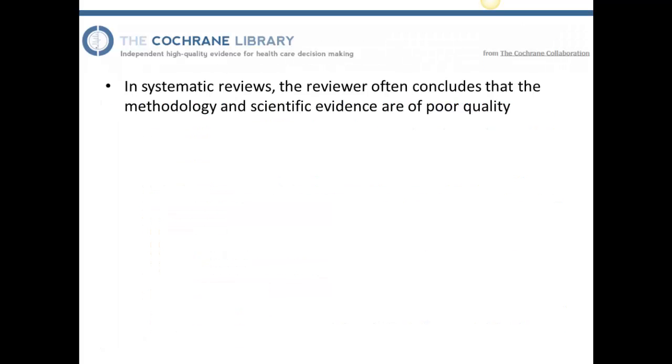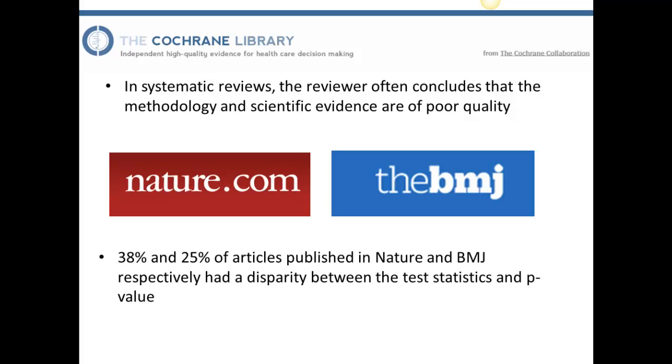In systematic reviews, a process of consolidating the available evidence from a large number of studies that address the same question, the reviewer often concludes that the methodology and scientific evidence from available research is of poor quality. And even prestigious journals are not immune from basic mistakes.